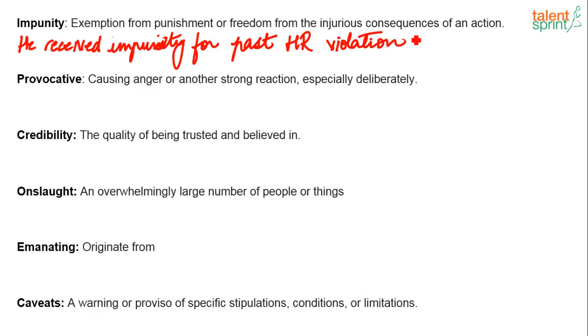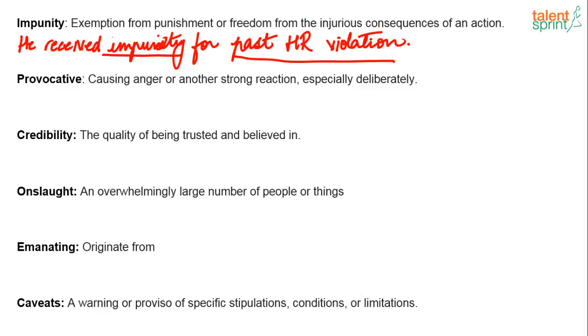So what can we make out from this sentence guys? Past HR violation means this guy had made a mistake in the past. Some human resource rules were violated by him. But he received impunity. He received exemption from the punishment. Yes, exactly. Exemption from punishment would be the exact meaning of this word.